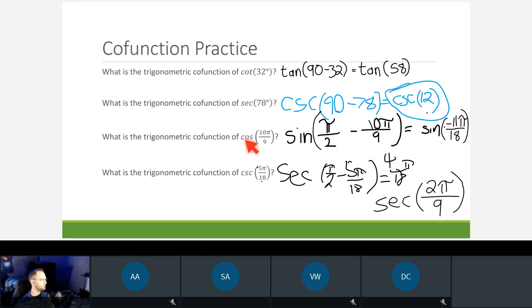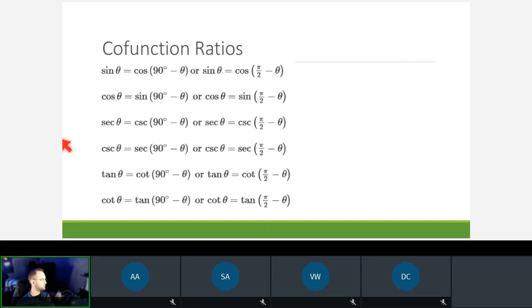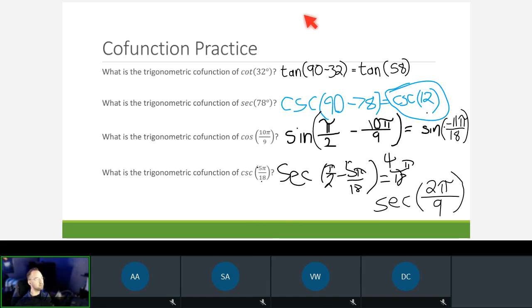Cosine. I think sine is not correct. Going back to this, cosine. Oh, it is sine. Yes, cosine becomes sine. Did I mistype something?